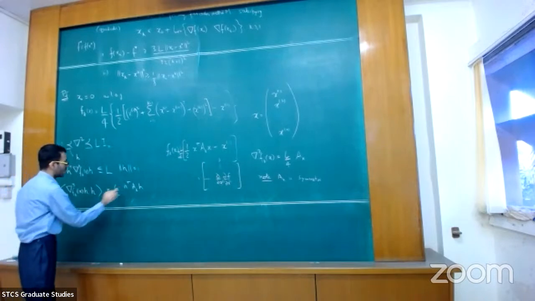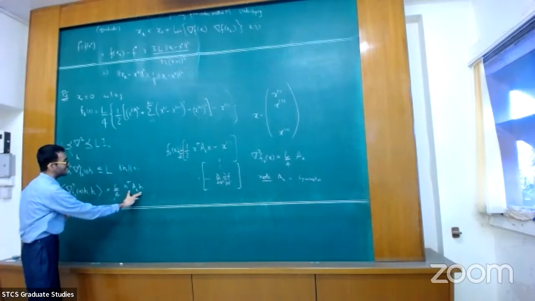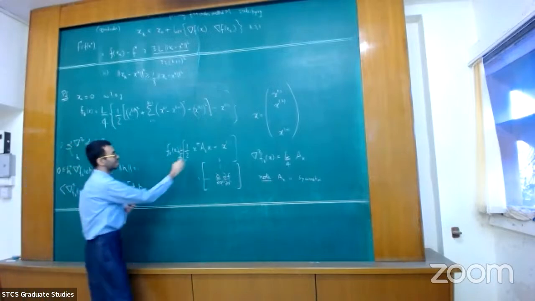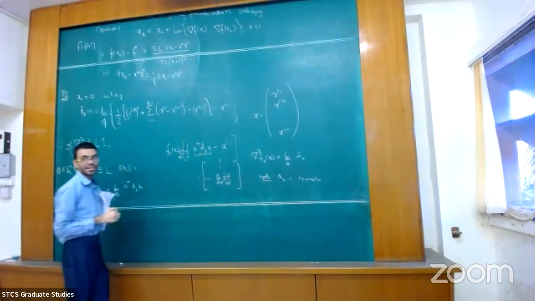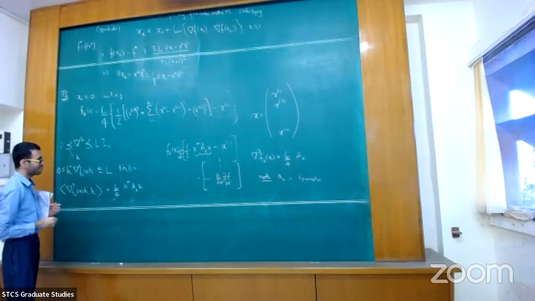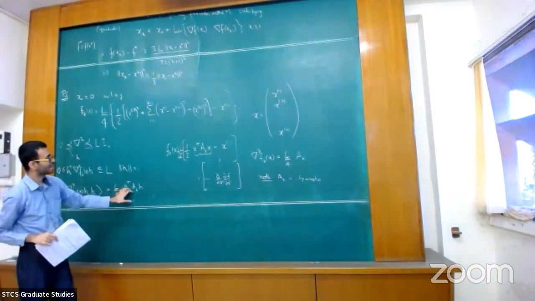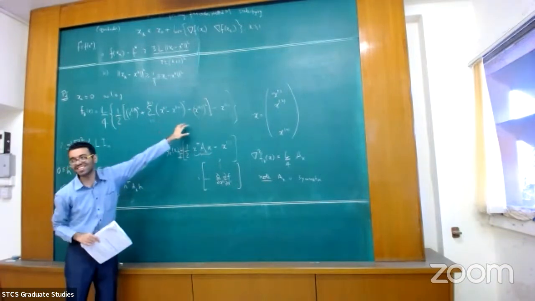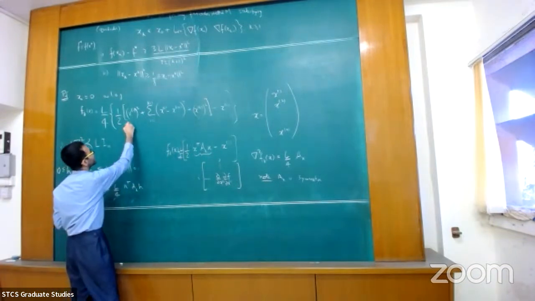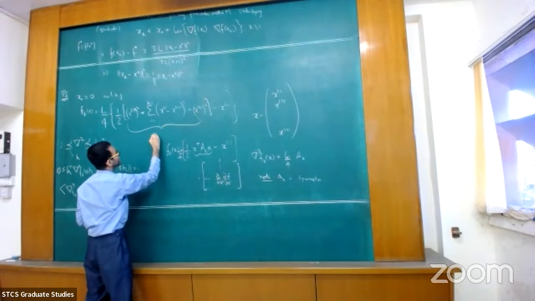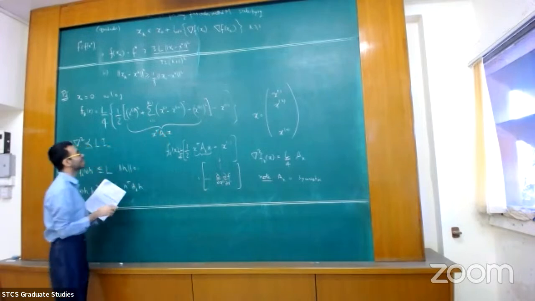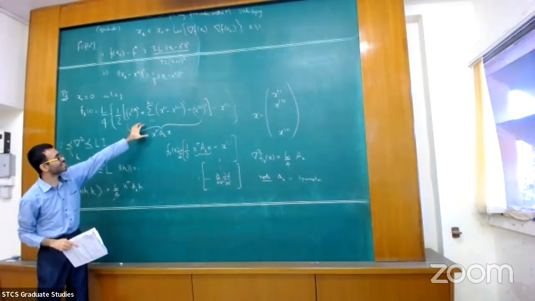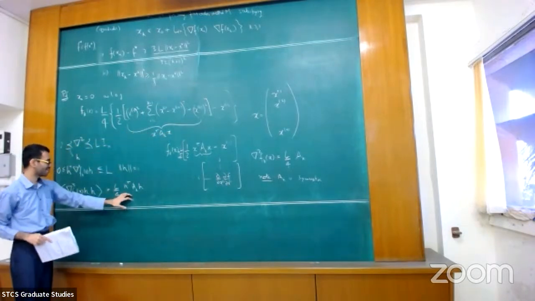The point is that this looks very similar to this thing here. But I already know what this thing is, right? This thing is just x transpose x, which is obviously non-negative, and therefore this is also obviously non-negative.